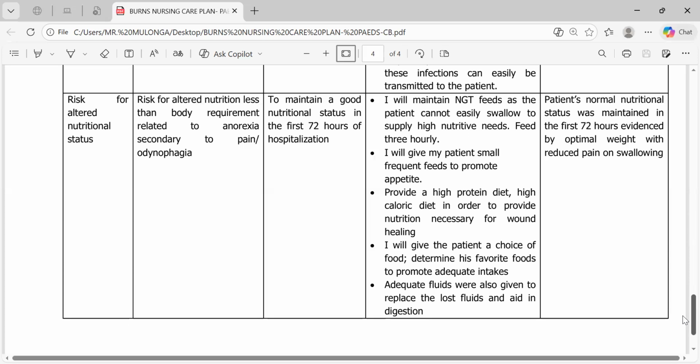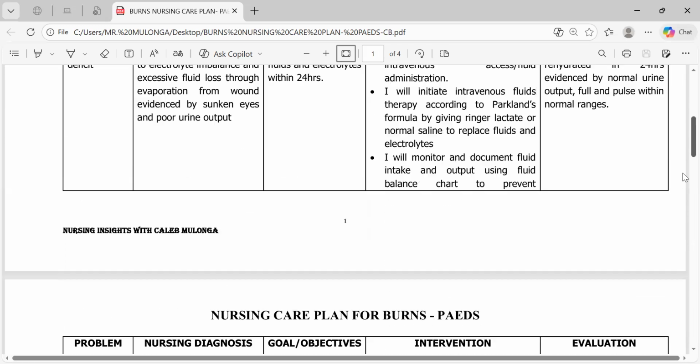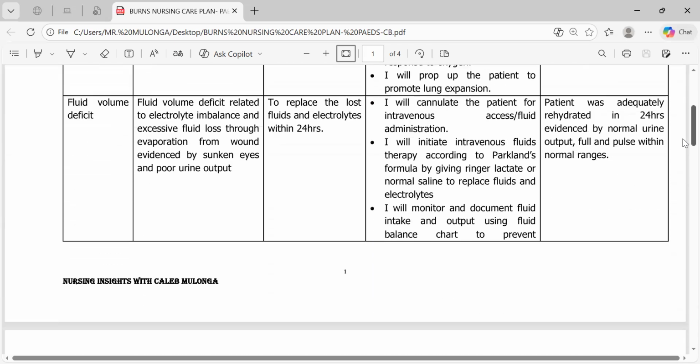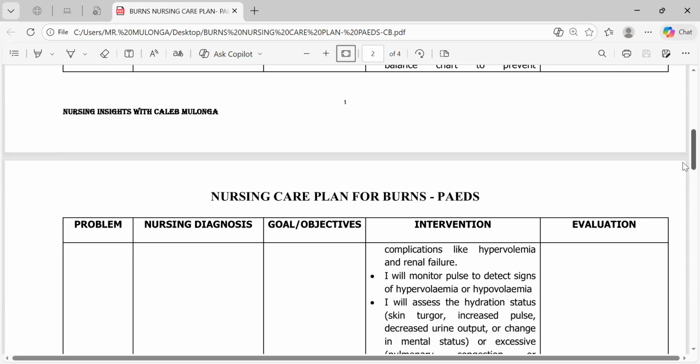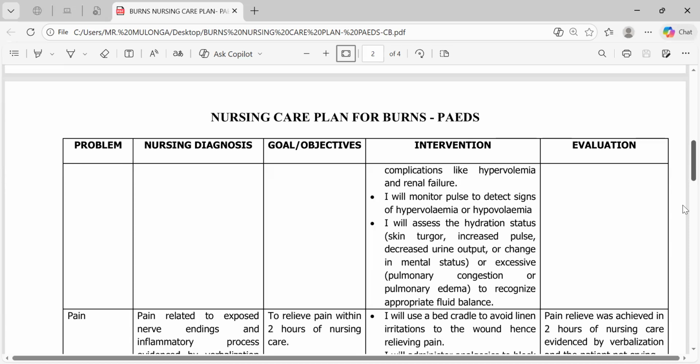So before I forget, on fluid volume deficit, we did not put oral feeds. So you can add that one. We say, I will give oral fluids such as water to promote hydration.